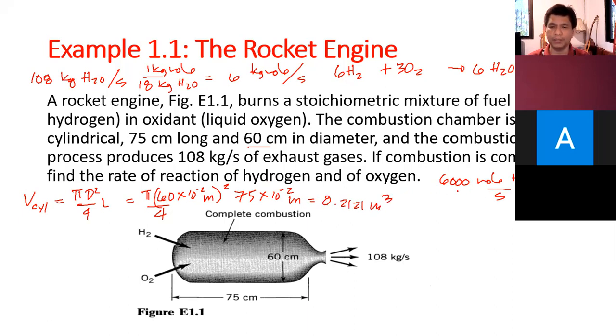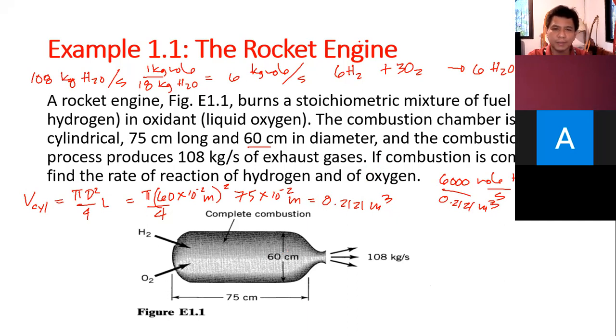So since our unit is mole per cubic meter per second, you just divide this. Divide this 6,000 by 0.2121 cubic meter. You're going to get the rate of hydrogen burned in the rocket. 6,000 divided by 0.2121, you're supposed to get around 28,000. 28,288.